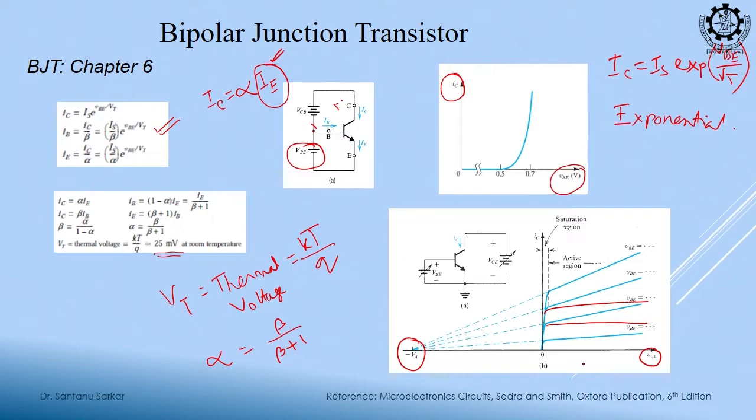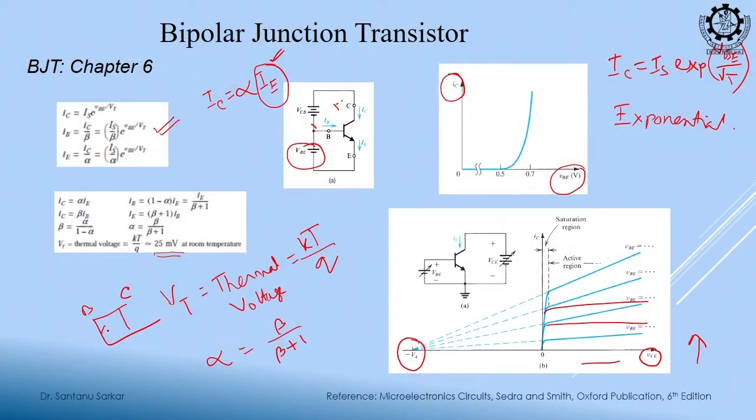As collector potential increases, the reverse bias increases, so what will increase? Depletion region. You know in the depletion region there is no free charge, only the immovable ions are there, right. So between collector and base, if you increase the collector potential, this depletion width will keep on increasing.